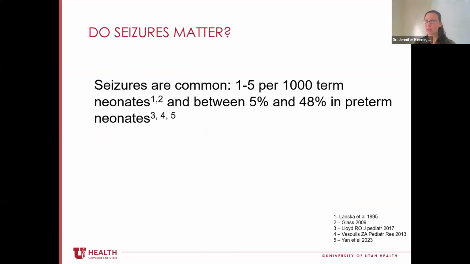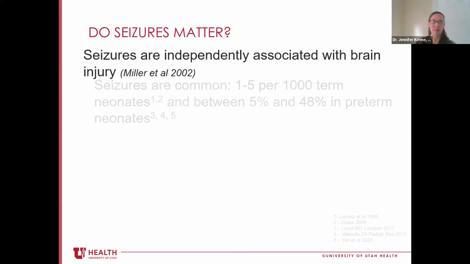When we think about neonatal seizures, they're really common. Between 1 and 5 per 1,000 term neonates, and probably much more frequent in the preterm population, between 5 and 48%, depending on the study that you're looking at.